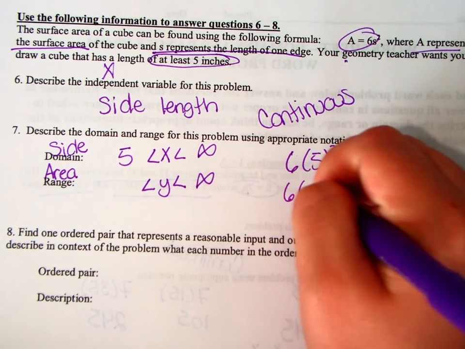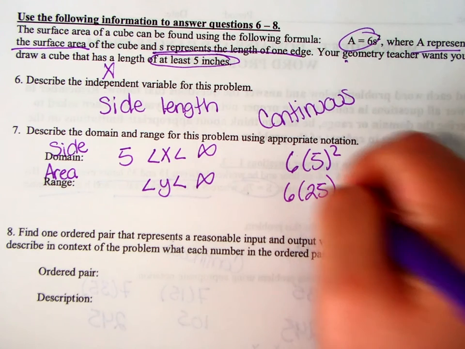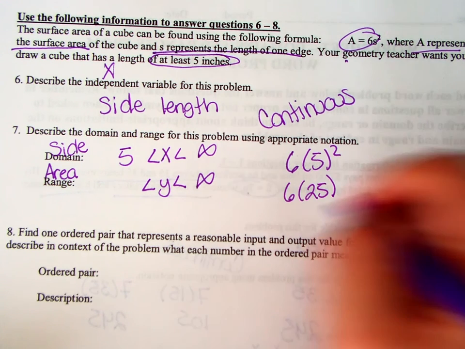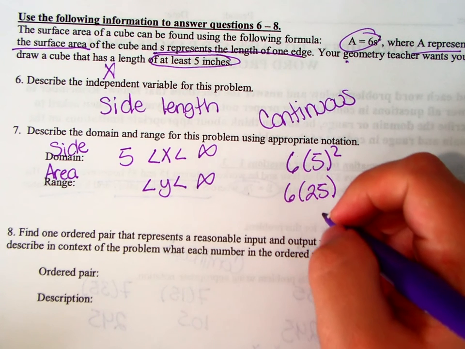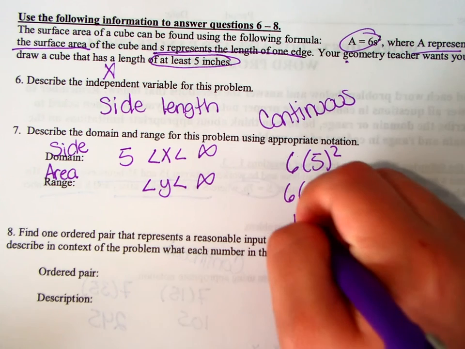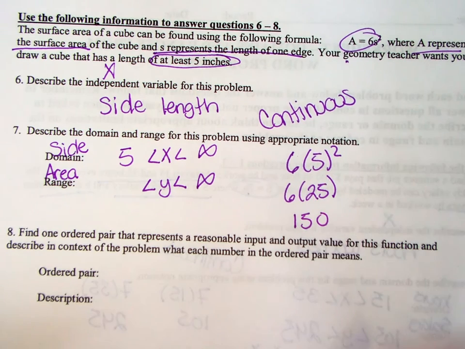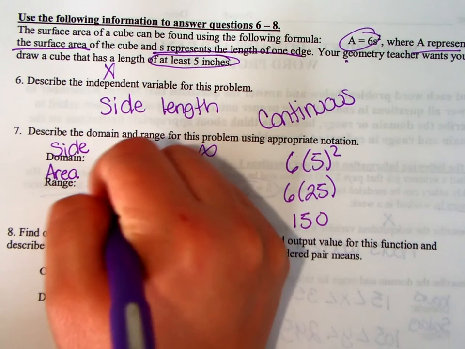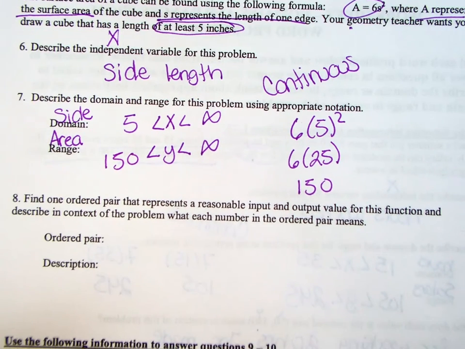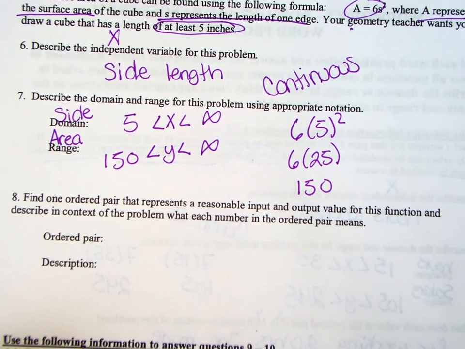And then use your calculator or your head, whatever. 6 times 25. 150. And we're done with problem 7. Alright, number 8.